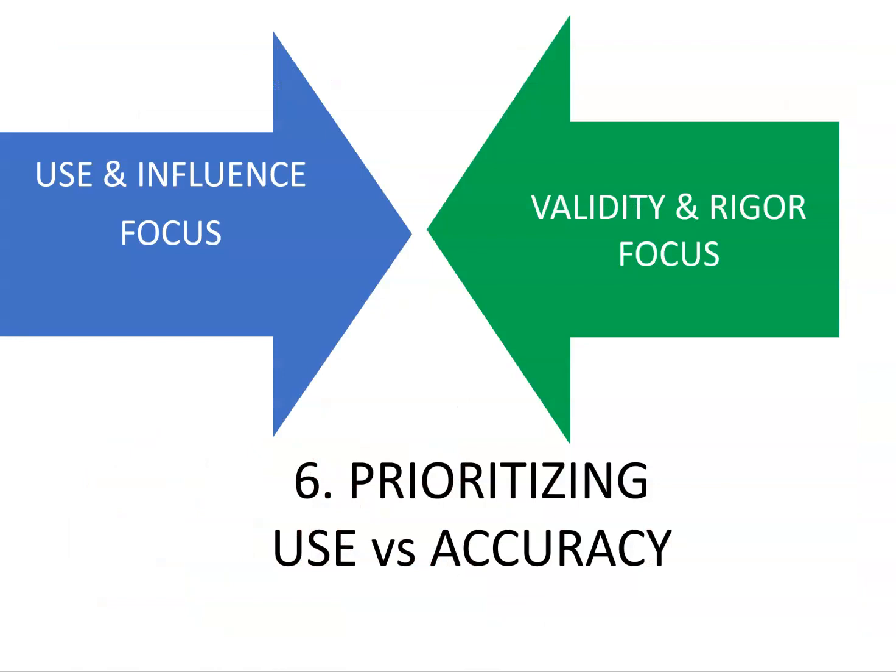And so that brings us to the issue of use and influence versus the focus on validity and rigor, prioritizing use versus accuracy, another major division. And that follows from what we've just been talking about. That is the division between seeking standardization, generalizability, uniformity in both evaluation and findings versus culturally responsive, contextually sensitive approaches.